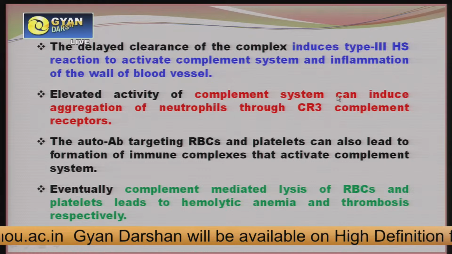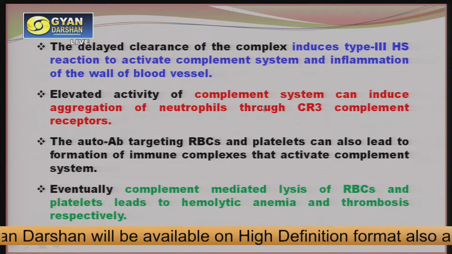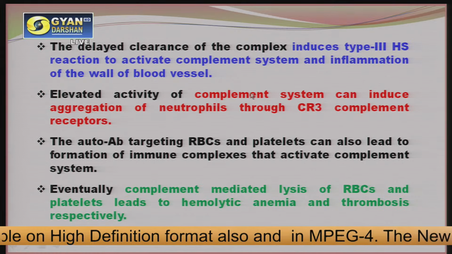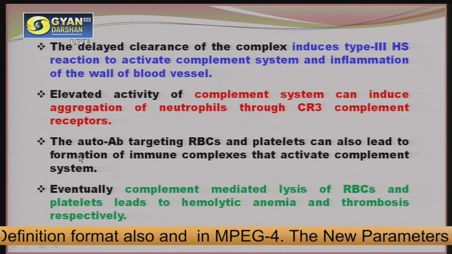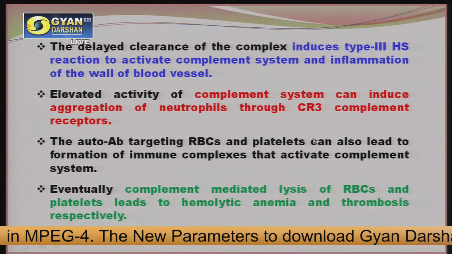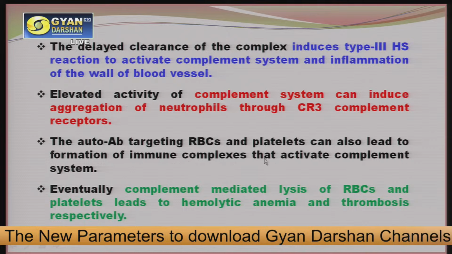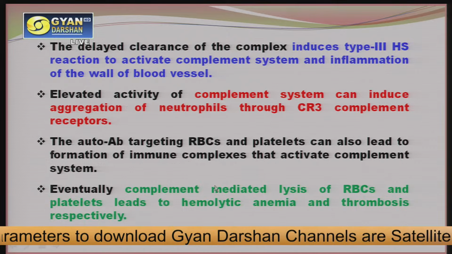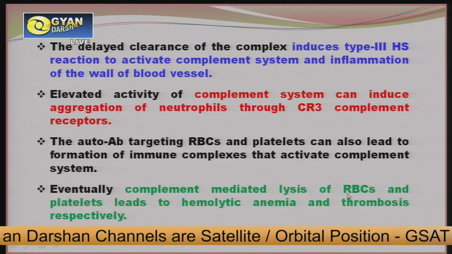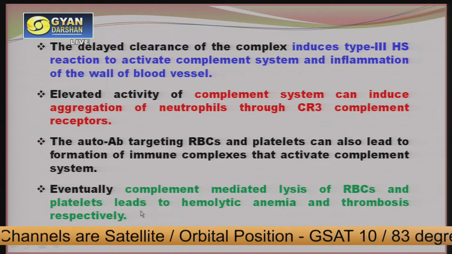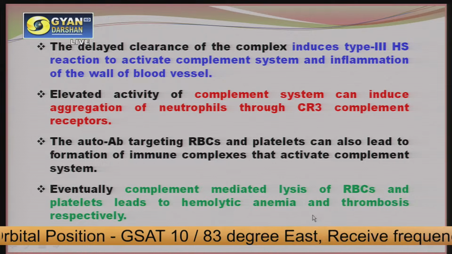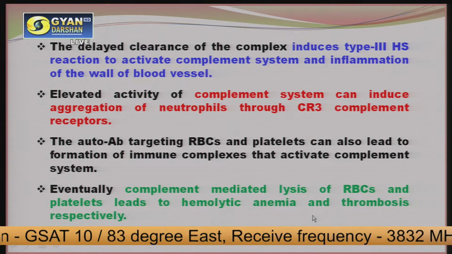Here is a very important receptor; it can activate the elevated complement system. The autoantibodies targeting RBCs and platelets can lead to the formation of immune complexes and activate the complement system. And eventually the complement-mediated lysis of RBCs and platelets leads to hemolytic anemia and thrombosis respectively.